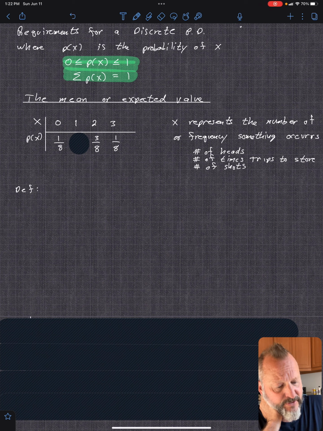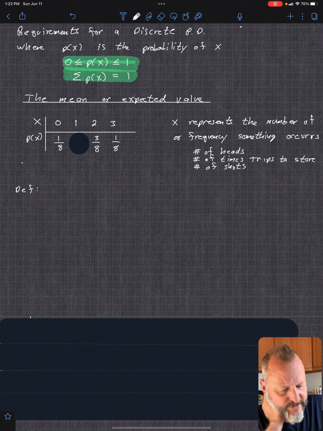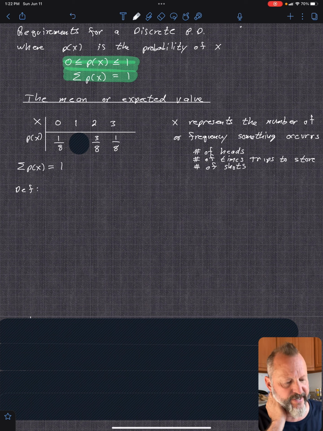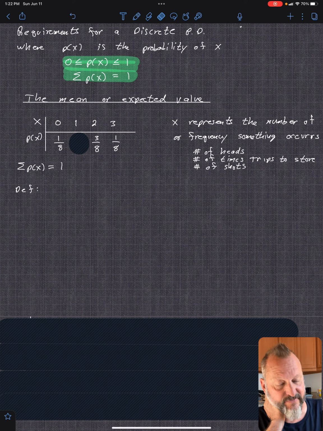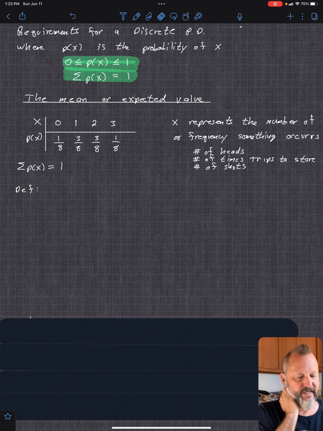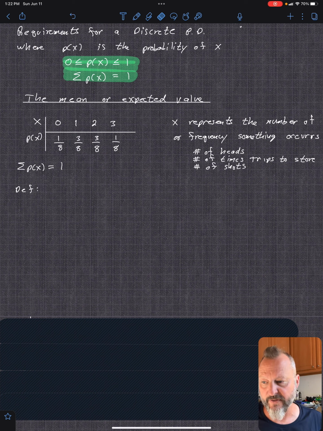Remember that the sum of the probabilities P of x for a discrete distribution must equal 1. So 3, 4, 5, 6, 7, 8. The middle must as well be 3/8. So you will always know that.